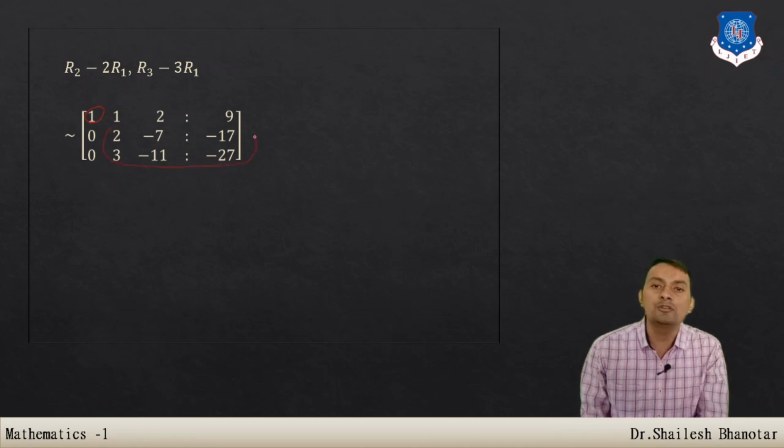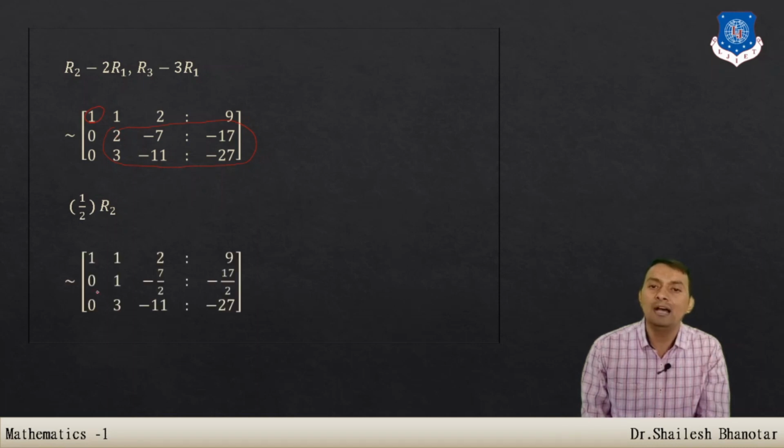Now I'm going to focus on this part, and again I want to make a 1 here. For that I multiply the second row by 1 by 2, and when I simplify, I get 1, minus 7 by 2 and minus 17 by 2, and the third row is there.